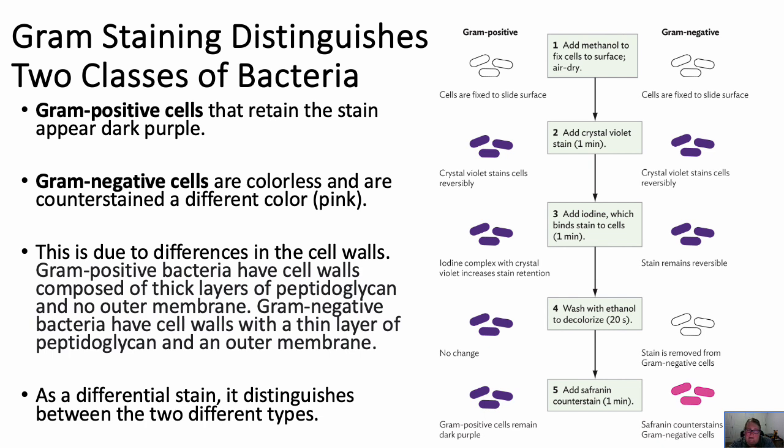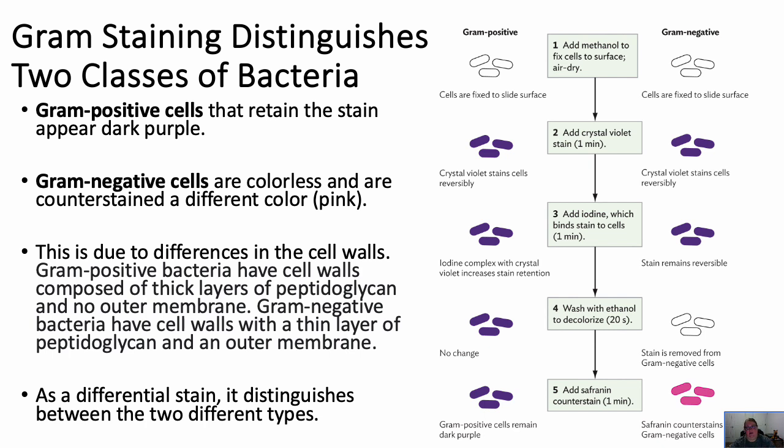Now, gram-positives are going to have a thick layer of peptidoglycan, while gram-negatives are only going to have a very tiny, skinny little layer of peptidoglycan. Okay, this is what's going to allow the Gram stain to work. This is why it's going to be a differential stain, because it can help us tell between the two types.